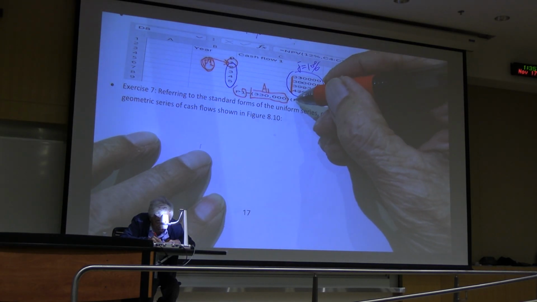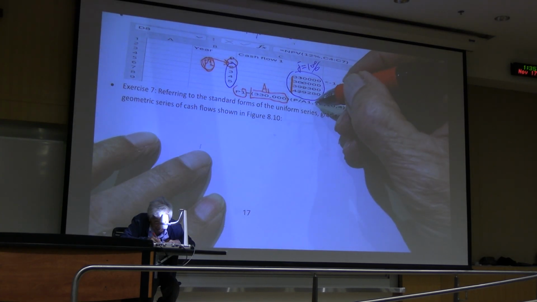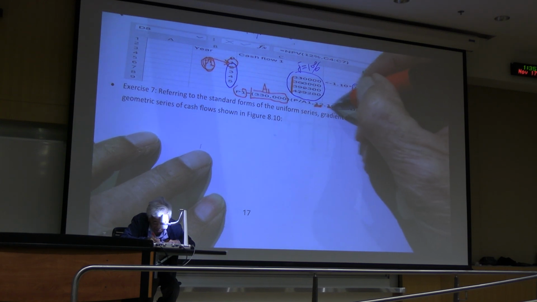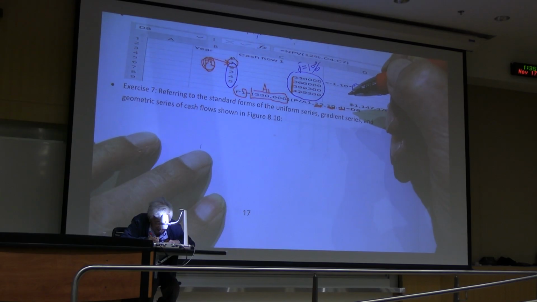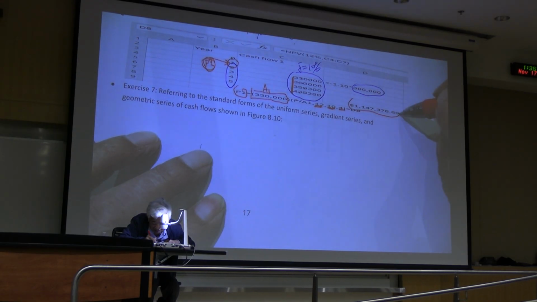Given A to find P, 12% interest rate, 10% growth rate, 4 interest periods. That is this value.